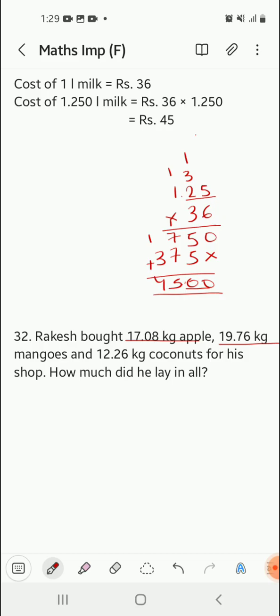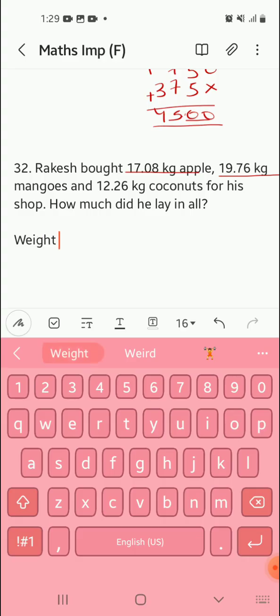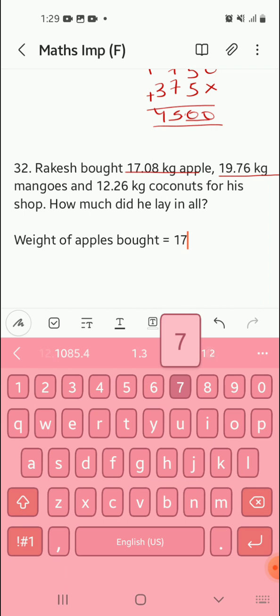Okay, now we have to add all of this. So for that, first we are going to write weight of apples bought is equal to 17.08 kg.